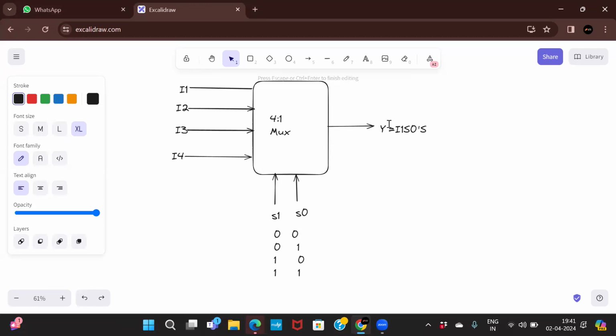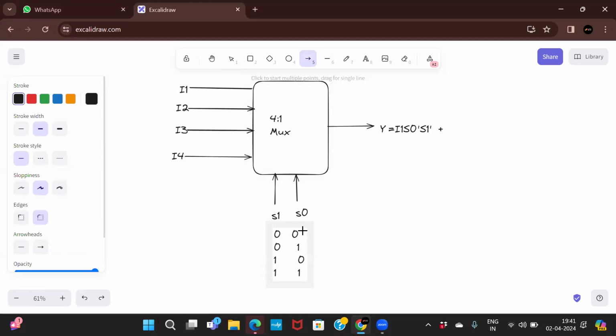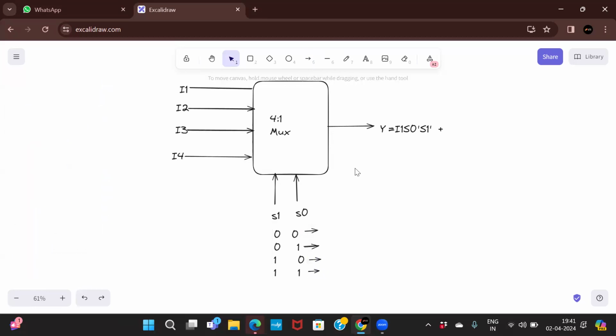Just remember this, it's very easy. When 0 0, it selects I1.